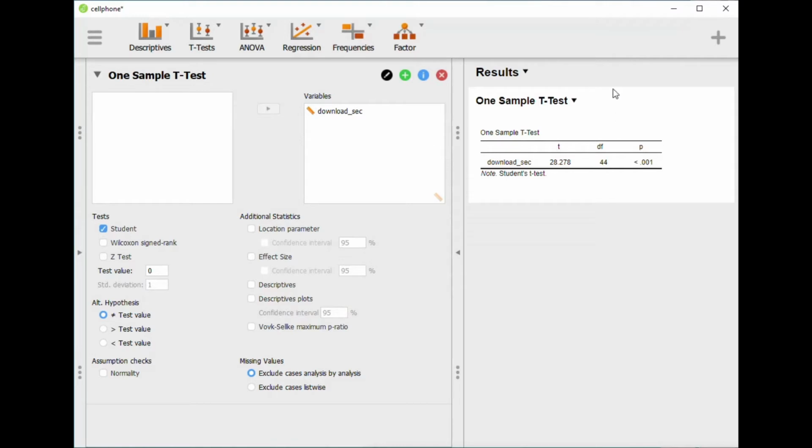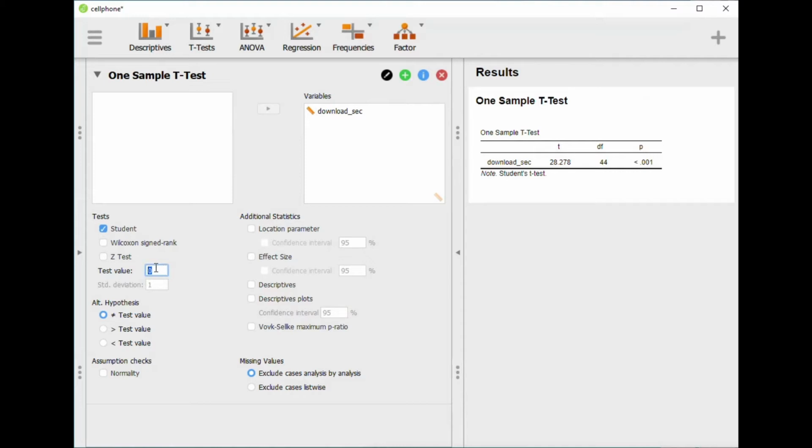What this one sample t-test is testing is, does it take a significantly different amount of time to download a song than 0 seconds? Does it take significantly longer to download songs than 0 seconds? Of course it's going to take significantly longer than 0 seconds. It's not an instantaneous thing. We know that downloading takes at least a little bit of time.